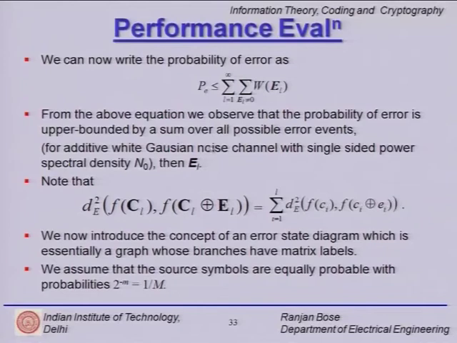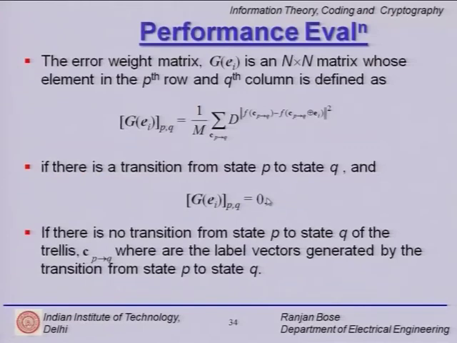Fine. So, we now look at finally how to get a handle on this upper bound on the right hand side. We have this error weight matrix G(E_I), an n cross n matrix whose element in the pth row and qth column is defined as follows. We have this D which we have defined earlier.